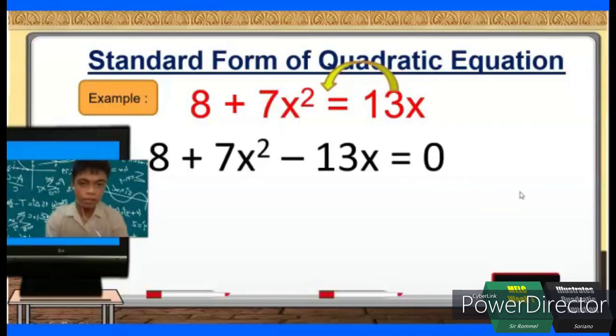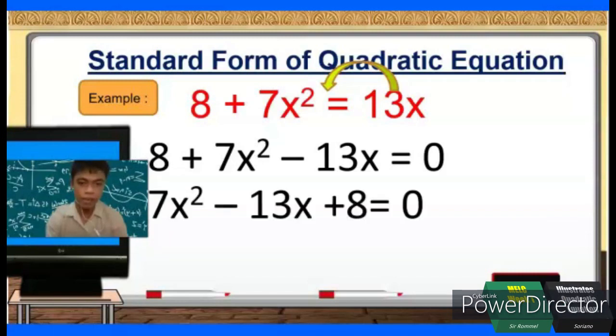So, 8 plus 7x squared minus 13x is equal to 0. So, standard form na ba ito? Okay, good. Hindi pa. So, ayusin muna natin sa standard form. Katulad ng ginawa natin kanina. Anyone? Okay. So, 7x squared minus 13x plus 8 is equal to 0.